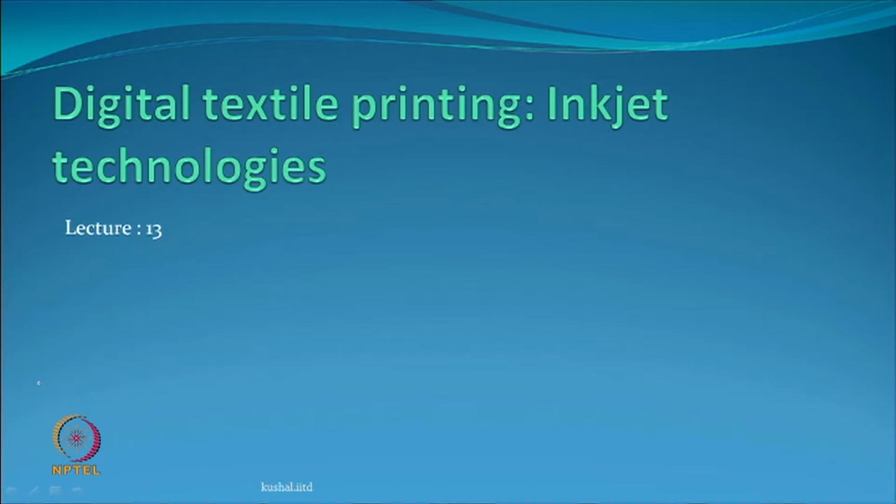So, we continue further and now we say inkjet technologies. Now, digital is one word which means that you are sending signals, in a pulsating manner, either there is something or there is nothing. So, 0 and 1, that is the kind of information if you keep giving, that is the digital part of it.